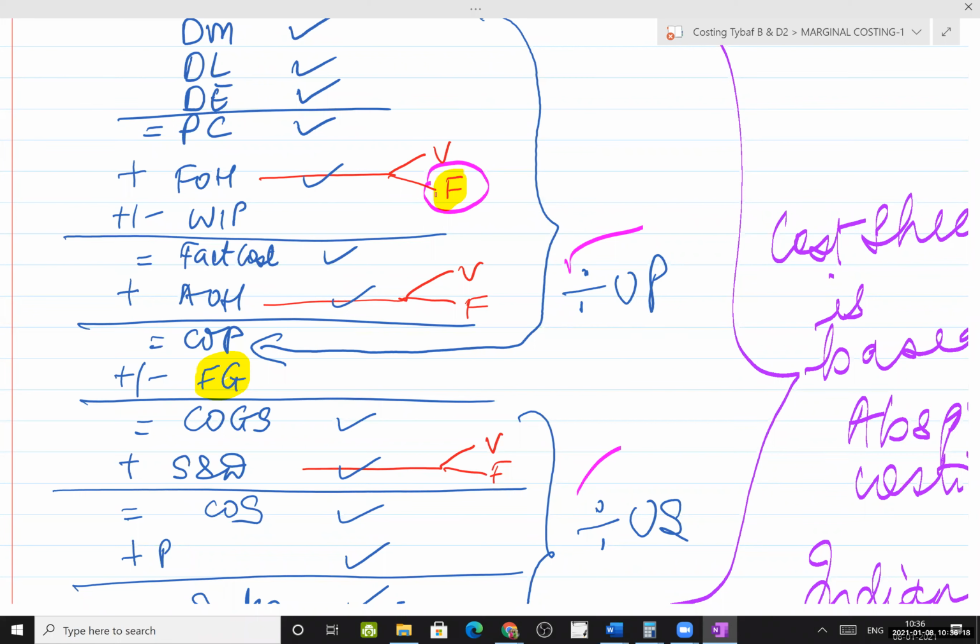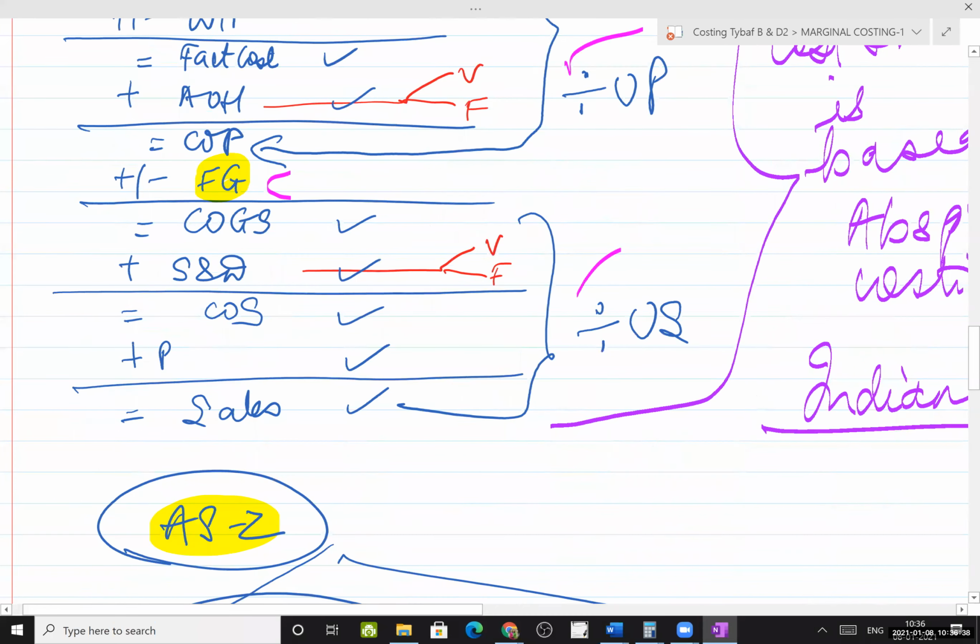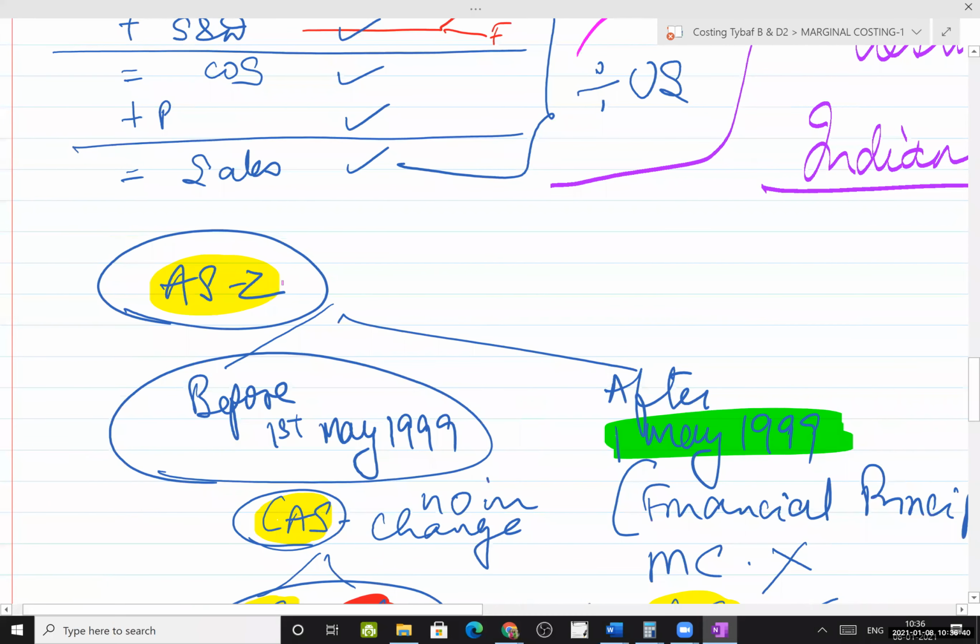That means there is some lacuna here, because of which this will be reflected in the closing stock. Okay, so because of this concept, there is a reflection in closing stock of finished goods also. Okay, and then applies this.